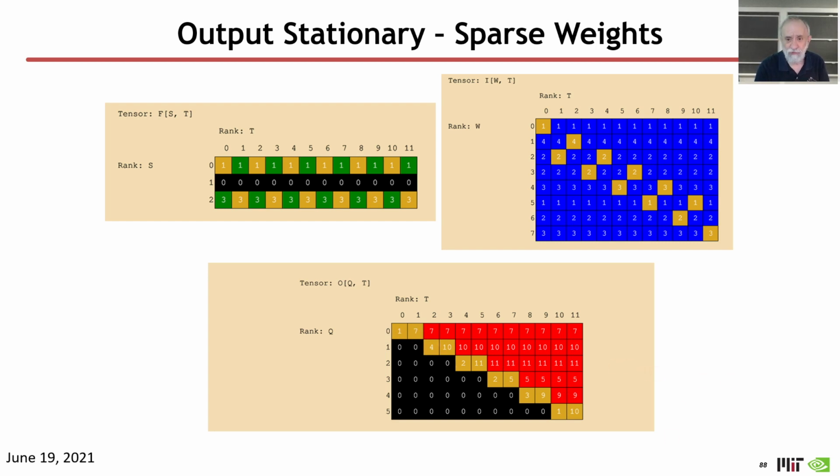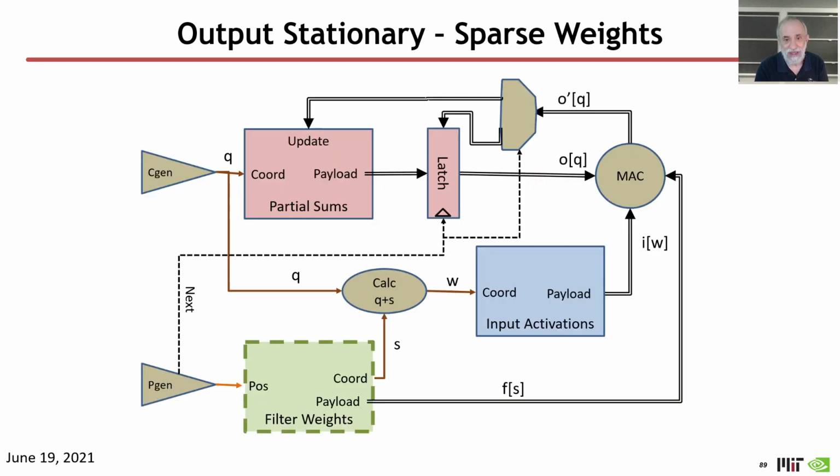Now, as we saw before, given that loop nest representation of the mapping of our tensor computation, we can create a representation of what the hardware would need to be in order to support that computational flow, that schedule, in both space and time.